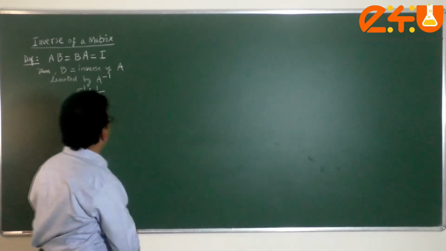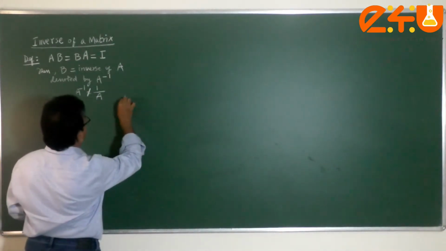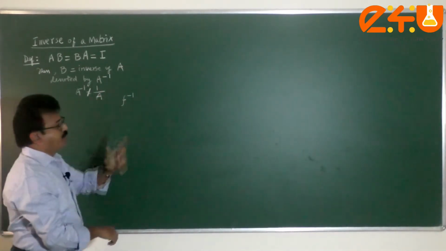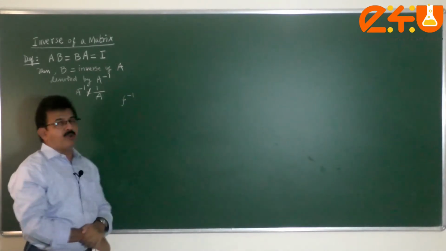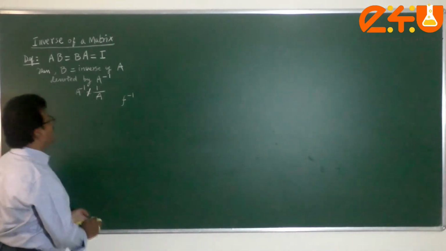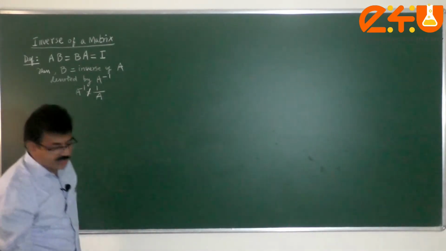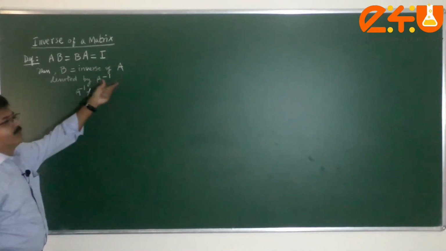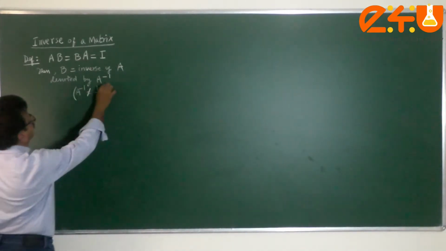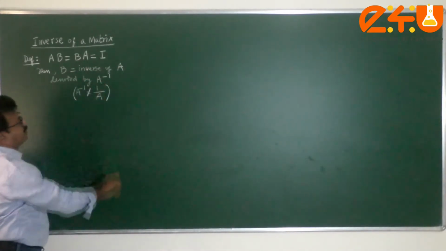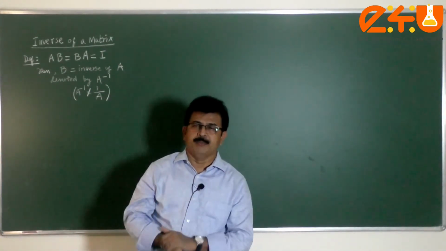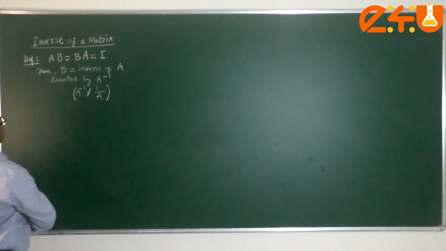The inverse function is denoted by the letter f with minus 1 as superscript. We don't read it as f power minus 1, we read it as f inverse. So the representation power minus 1 does not imply the reciprocal. Note that it is not a reciprocal, it is simply a symbol which indicates it is the inverse matrix. Fine, let us proceed.